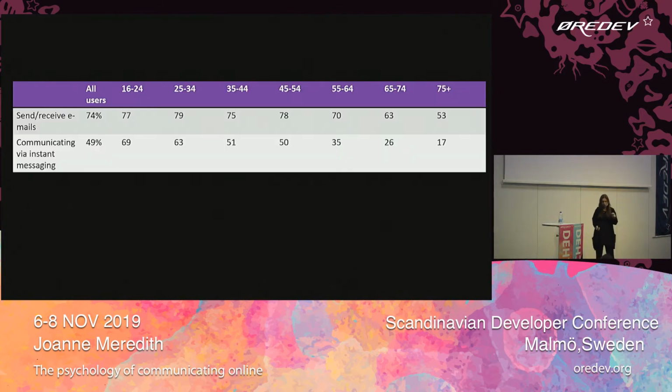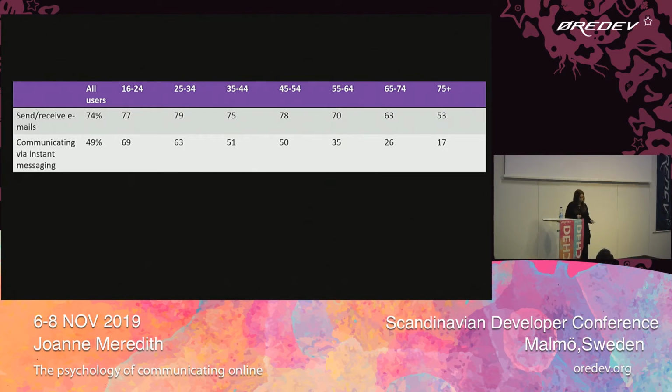When we then look at it divided by age, it becomes even more interesting. In that, for emails, it's relatively even across the age groups. You get a little bit of a dip post 65, but it's relatively even. When we then look at instant messaging, though, there's quite a significant drop-off post 55.